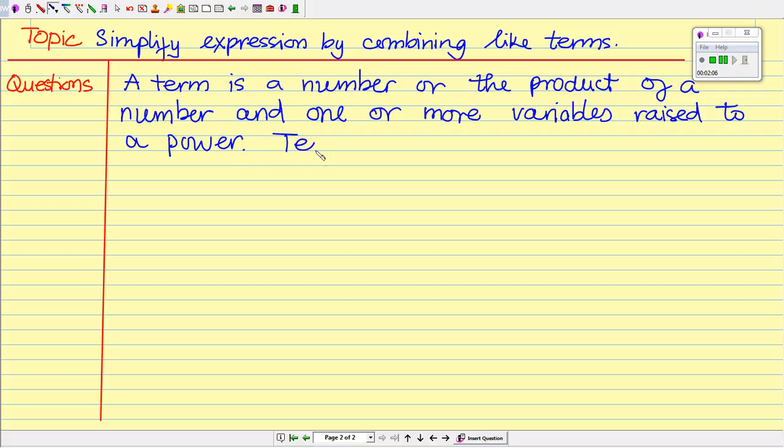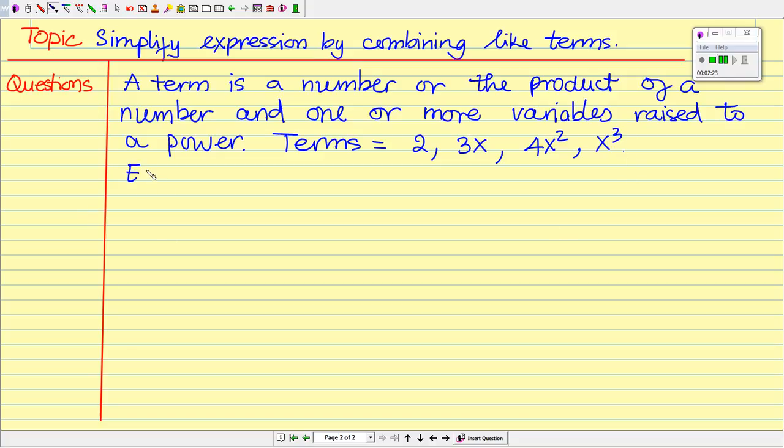For example, these are the terms: 2, 3x, 4x squared, x to the power 3.